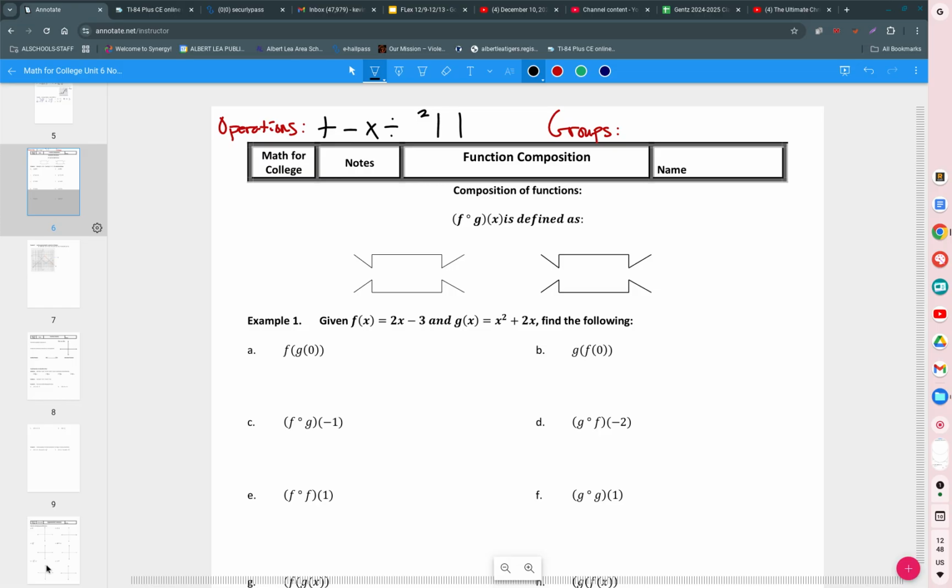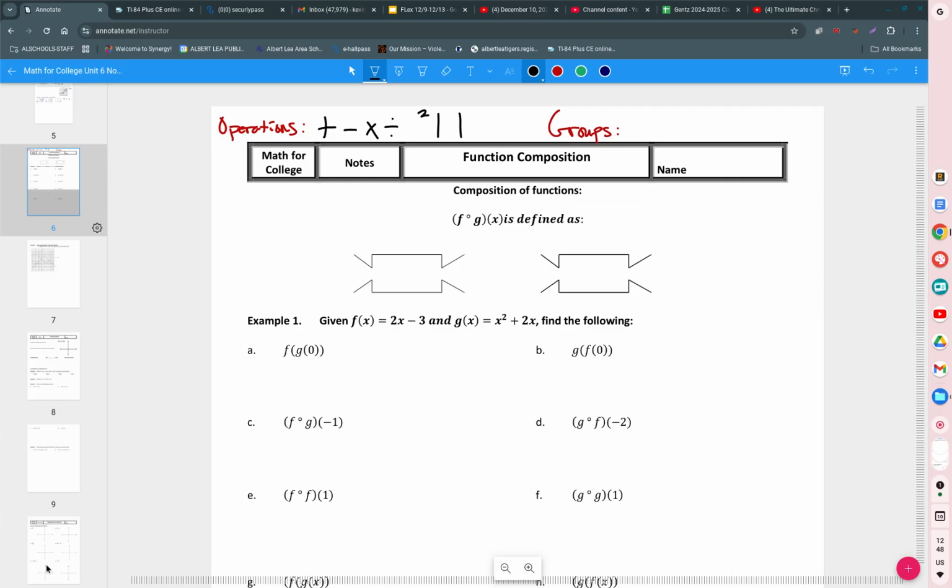Absolute value is an operation. All sorts of operations, other than addition, subtraction, multiplication, division. Without a doubt, our brain works best with addition and multiplication. That's how our brain is wired. So if you're like, oh yeah, division was always tough for me, that's pretty normal. Don't feel bad about that.